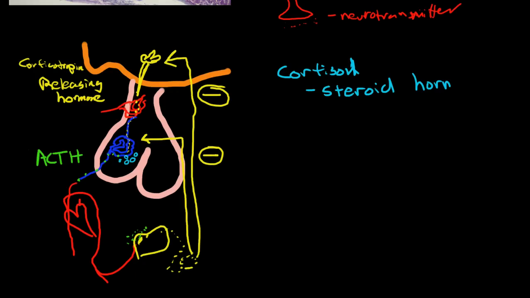It means that it has a sterol group in it. It's derived from cholesterol, and it's lipid soluble. Therefore, it doesn't dissolve well in plasma, so it needs to be carried by a protein. And I believe that the protein that carries it is albumin.